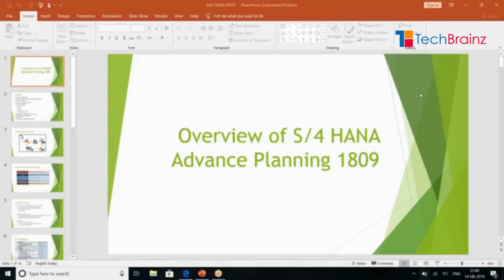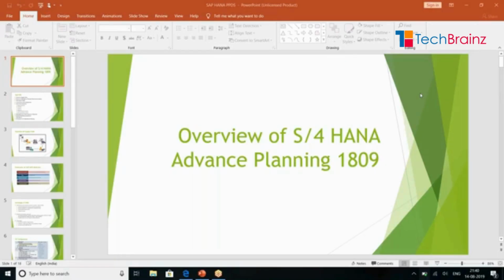There are some companies which opt for all three: demand planning, supply network planning, and PPDS. Mainly the forecast is generated using demand planning, then supply network planning is for the long term and mid term plan, and then PPDS.